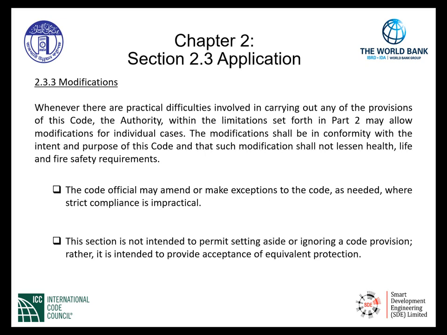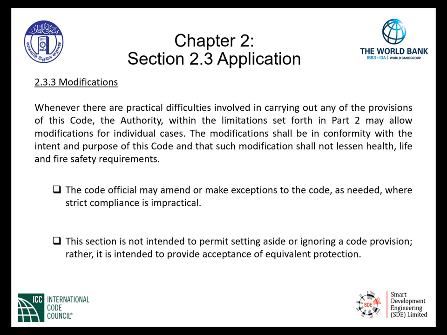So the code official or authority may amend or make exceptions to the code as needed, where strict compliance is impractical. This section is not intended, however, to permit setting aside or ignoring a code provision. Rather, it's intended to provide acceptance of equivalent protection.